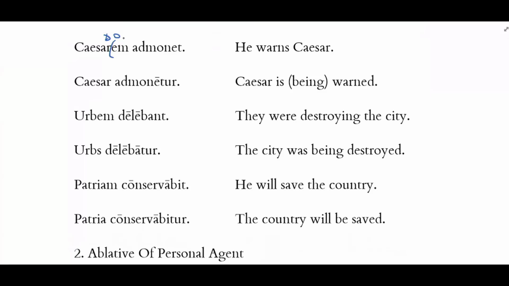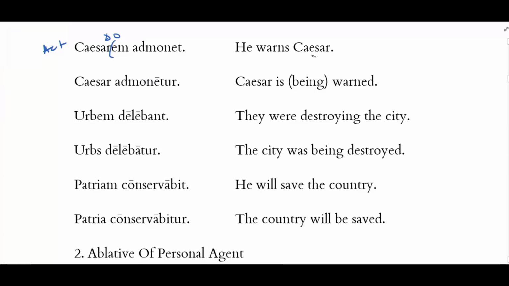Now we're going to take this active sentence and change it to the passive. And so Caesar's the direct object in the first sentence when it's active. But to make an active sentence passive, the verb has to be transitive. It has to take an object. And to warn can take an object like Caesar.